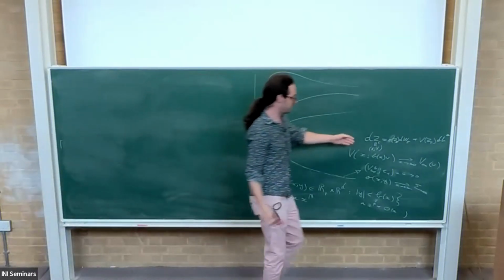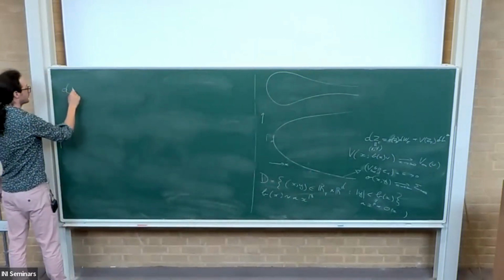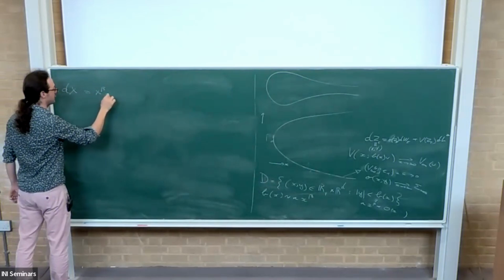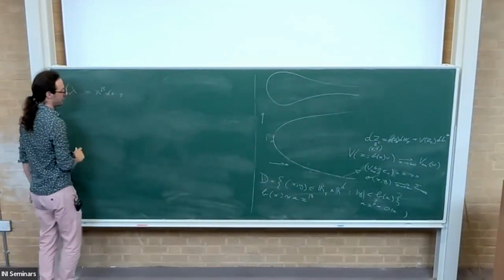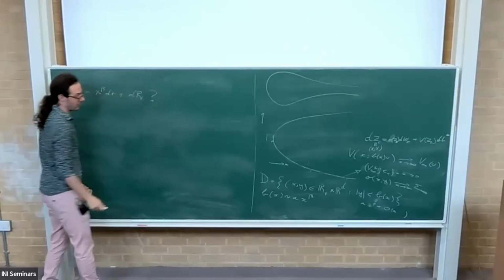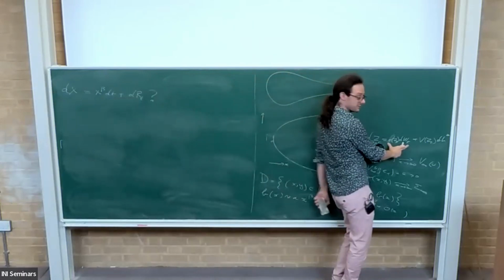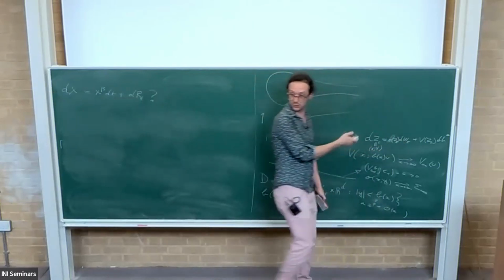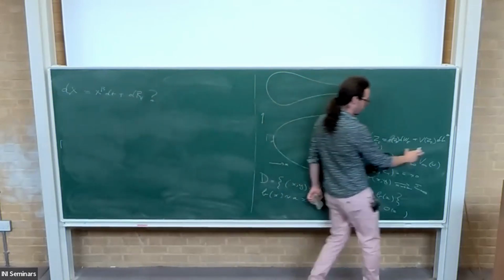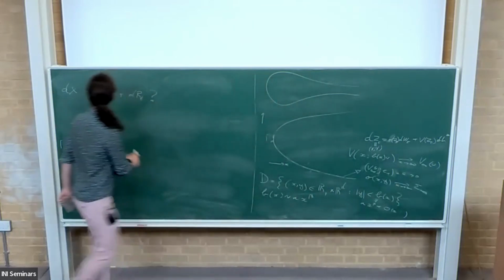You take this system; why would the X component be approximately equal to X to the beta dt plus some correction terms? This part of the process, you can actually just put in the correction, so this one is not trouble. The question is, why would this be well approximated by this?